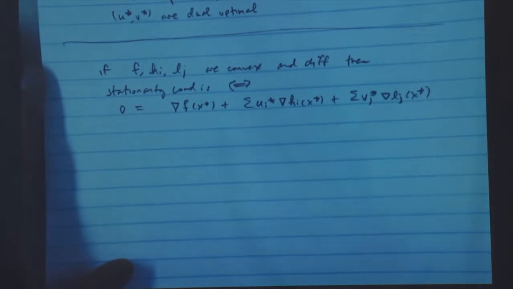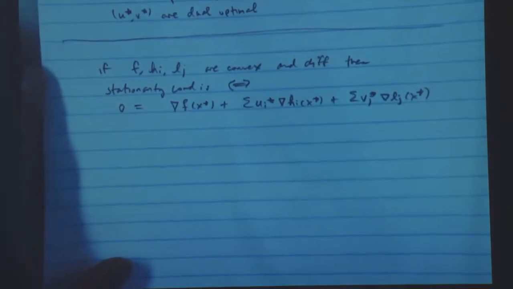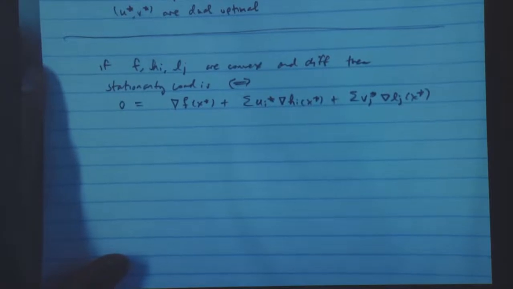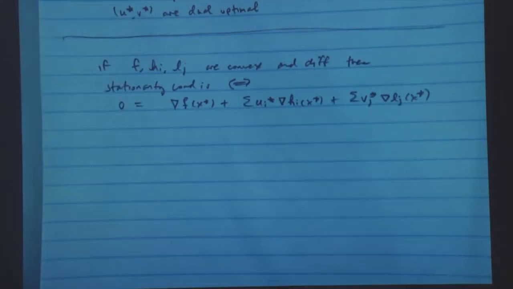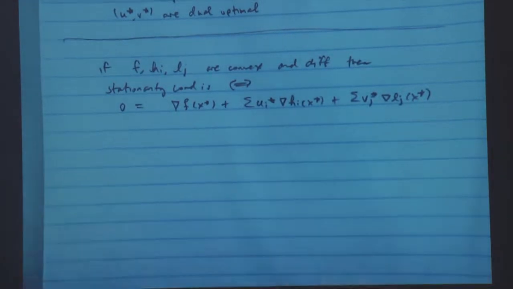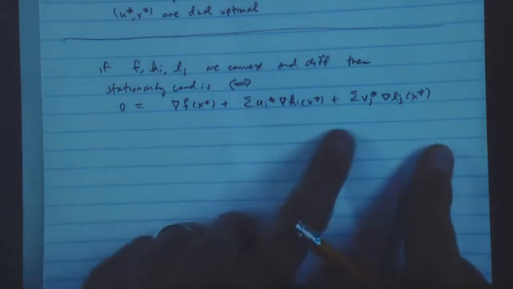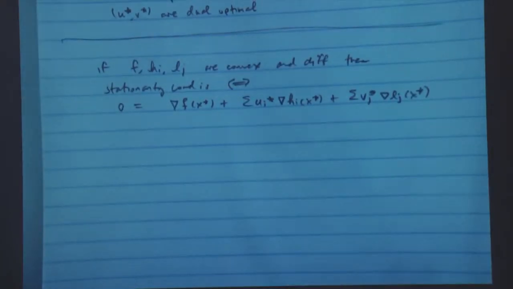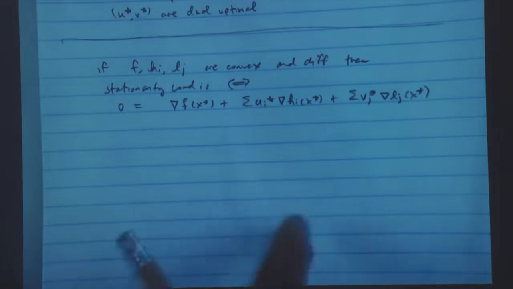Because for convex differentiable functions, there's only one subgradient, and that's the gradient. So for a smooth convex problem, stationarity just means forming the Lagrangian, taking the gradient of all the functions, setting that equal to 0 and solving, making sure that you have x star and u, v star that make this true. For non-convex problems, this is not the same as the stationarity condition.